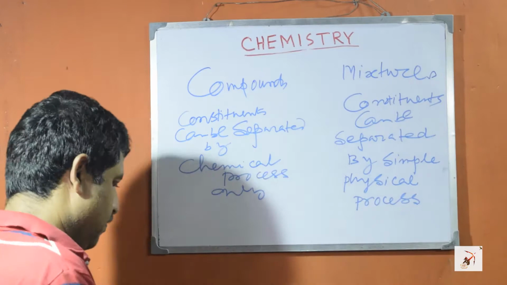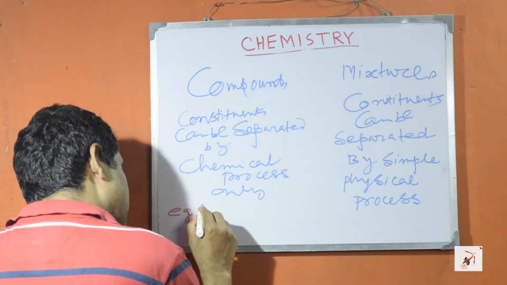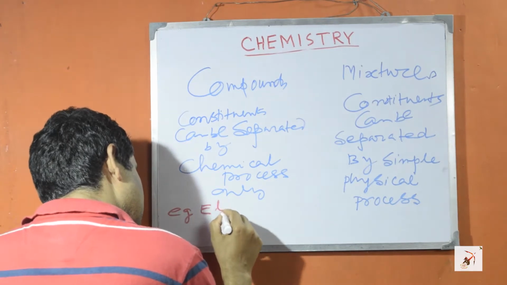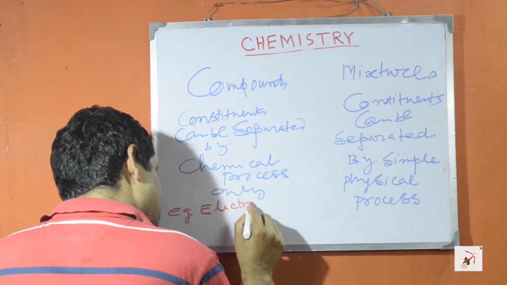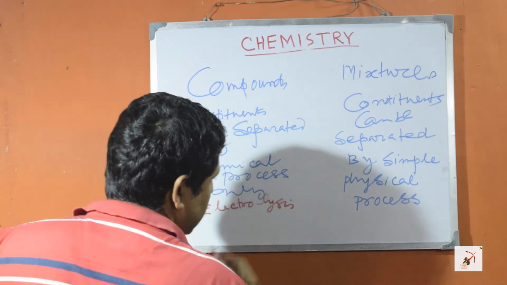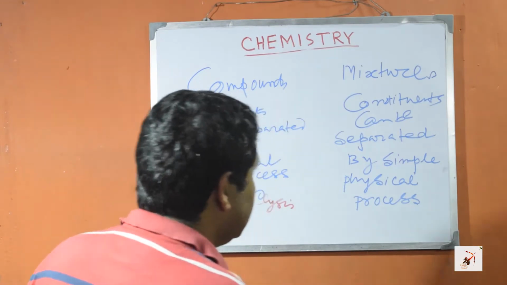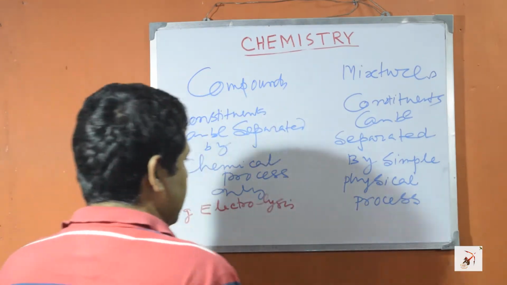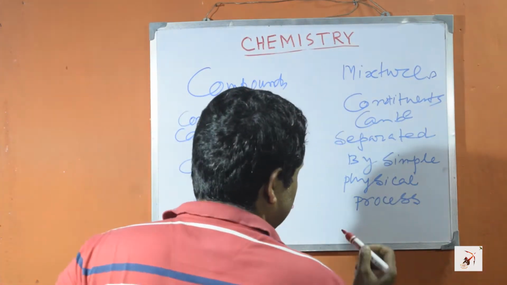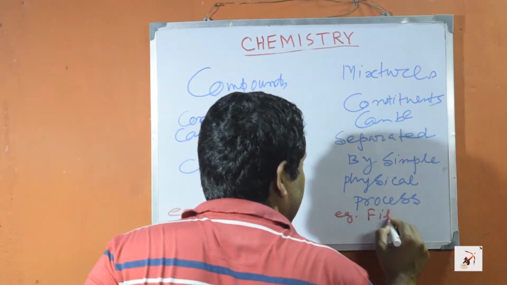For example, for chemical process, we can say electrolysis. For physical process, examples are filtration.